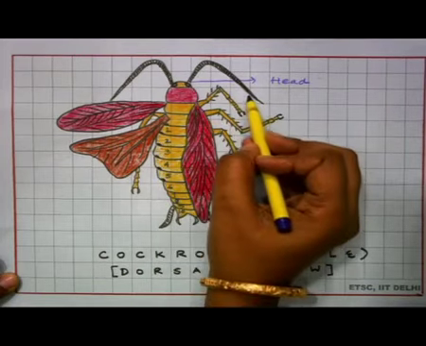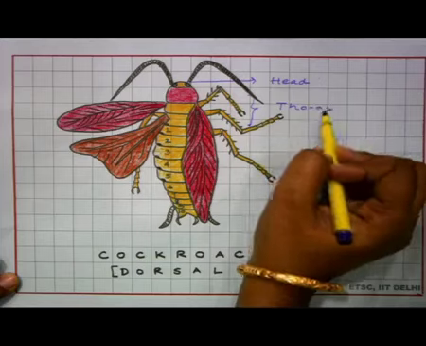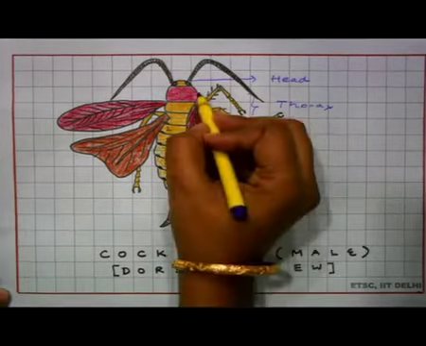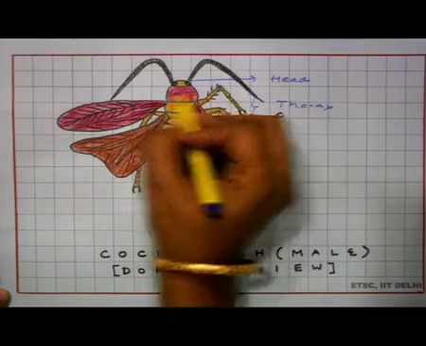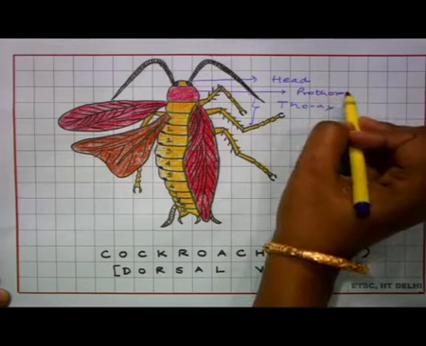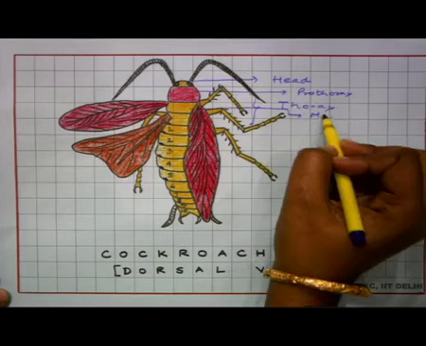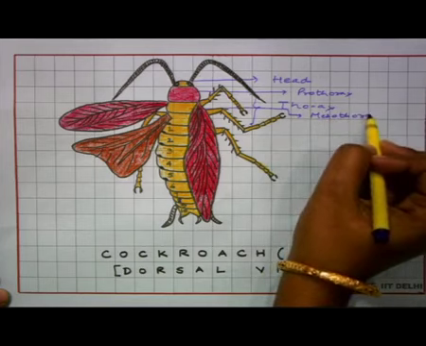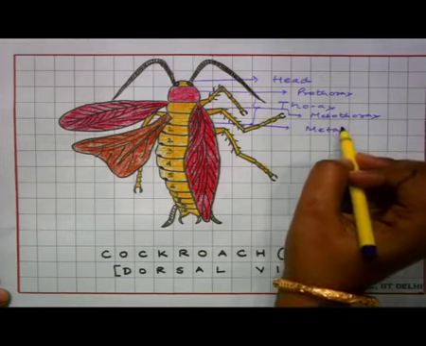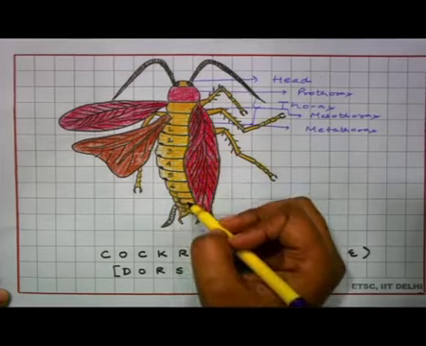Thorax is also divided into 3 parts: this one is the prothorax, then this one is the mesothorax, and this one is the metathorax, and then these are the abdominal segments.